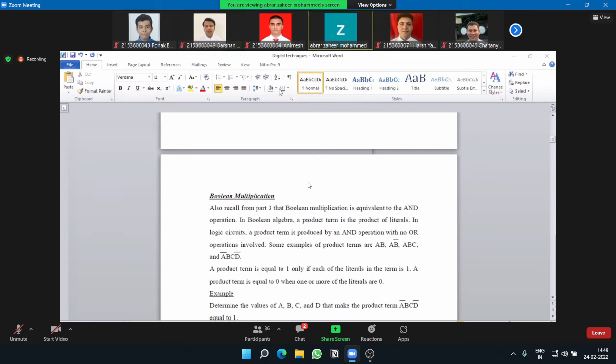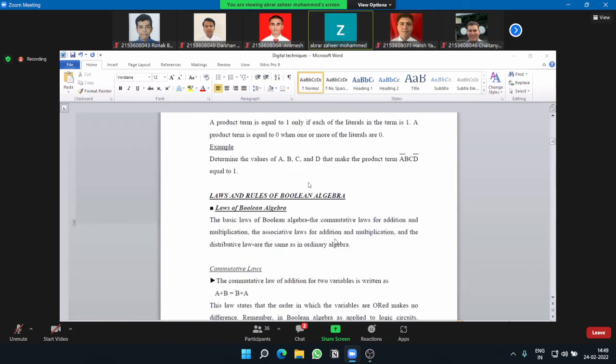No, laws of Boolean algebra, not De Morgan. Associative law, commutative law, distributive law. You know the laws? Yes or no? Yes, sir.